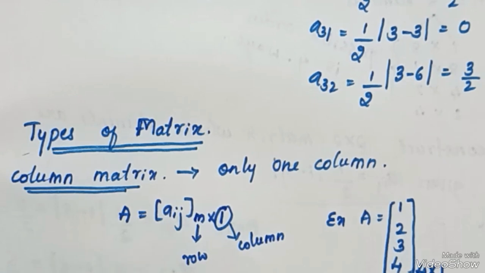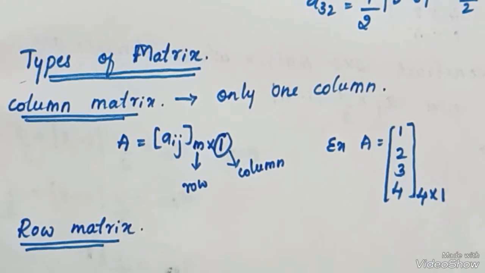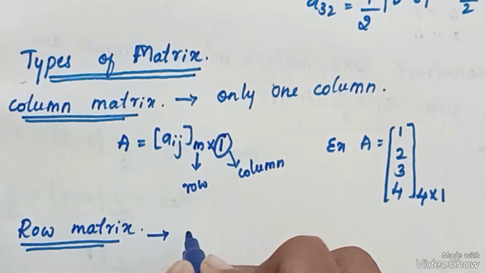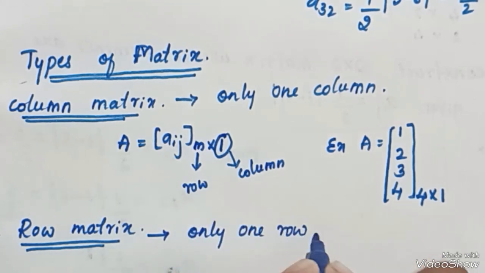Next, the row matrix. It has only one row. Any matrix of order 1 cross n, the row matrix contains only one row.